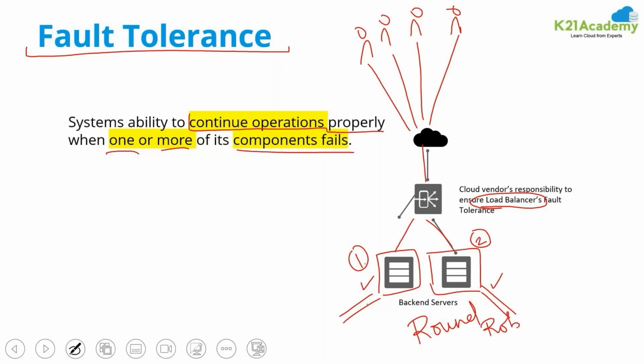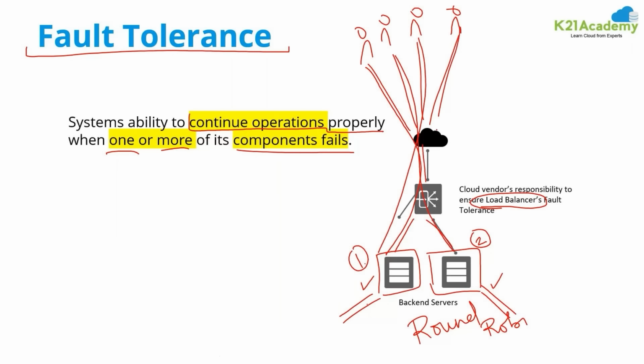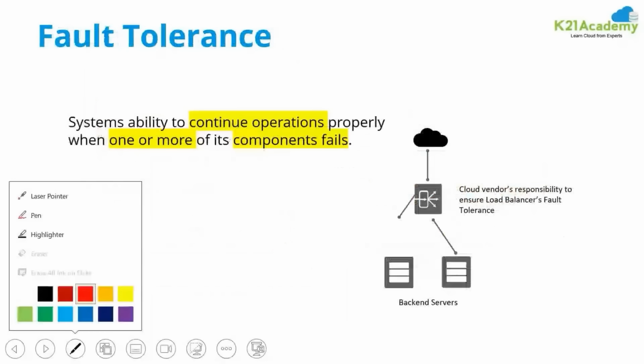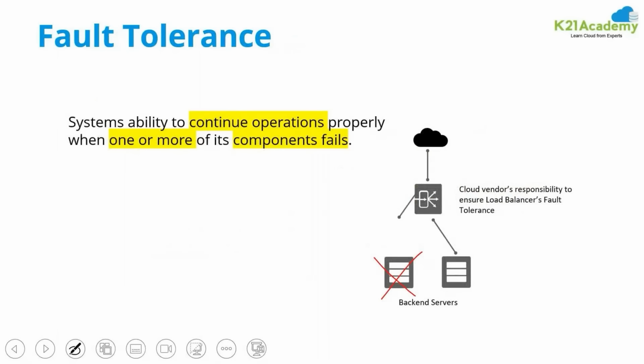Round robin means user 1 will go to this server, user 2 will go to that one, then user 3, user 4, like this, one by one the traffic is distributed. If there is a failure in my environment and one of my servers goes down, then the load balancer will transfer all the user requests coming from various users to the single server only.